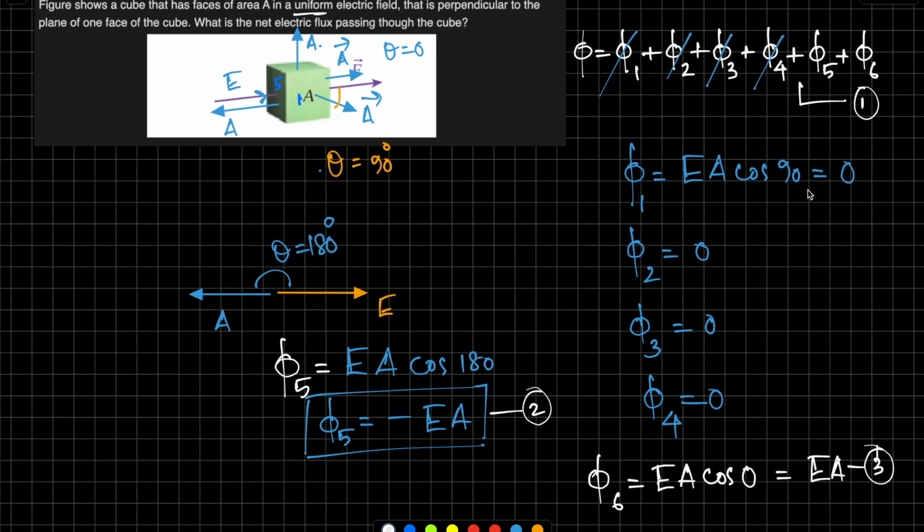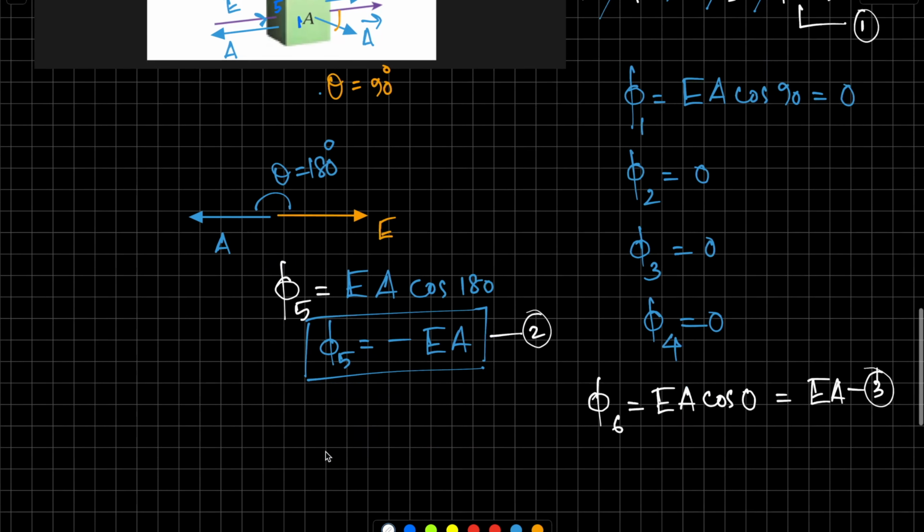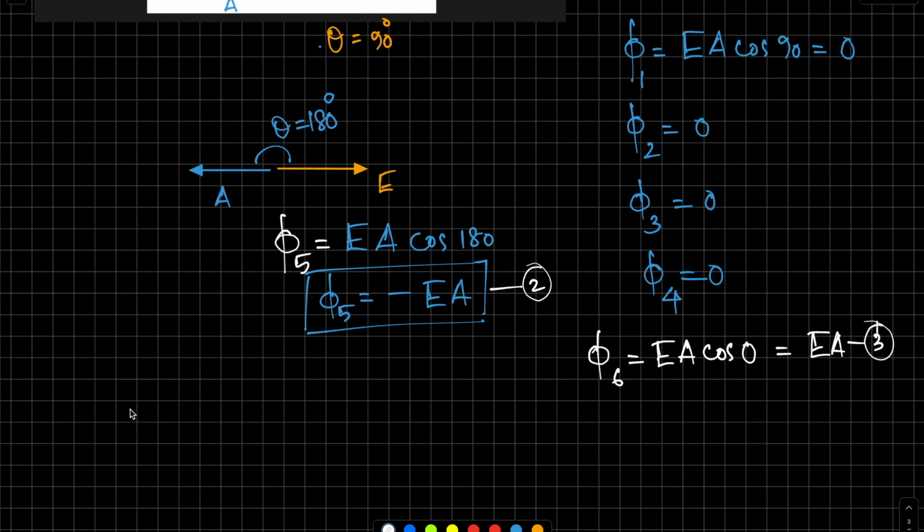They're all 0 because the angle between electric field and area vector is 90 degrees. So we have only phi 5 and phi 6. Total electric flux phi equals minus EA plus EA. They will get cancelled out, so the total electric flux will be equal to 0.